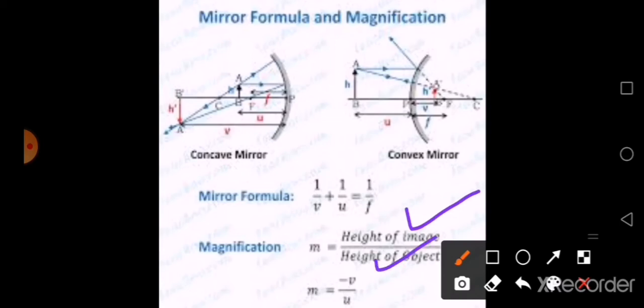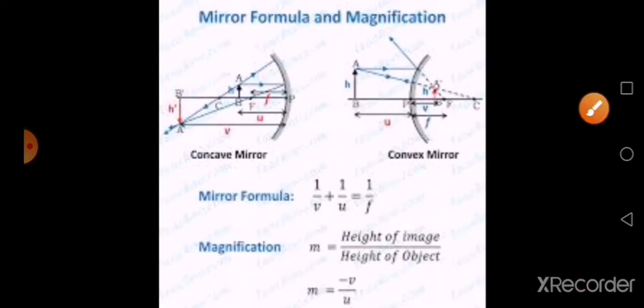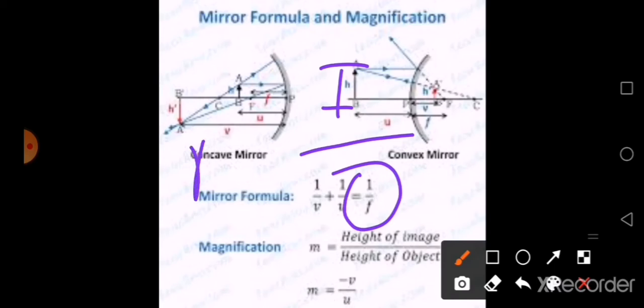The height of the image is sometimes written as I and the height of the object as O. Whatever it is, magnification is the ratio of the height of the image to the height of the object, and it is denoted by the small letter m.